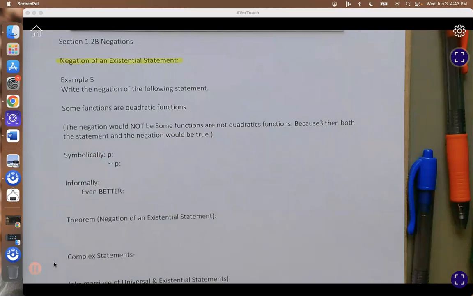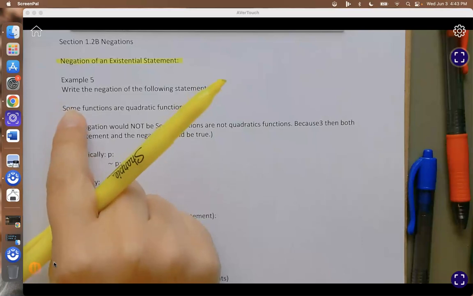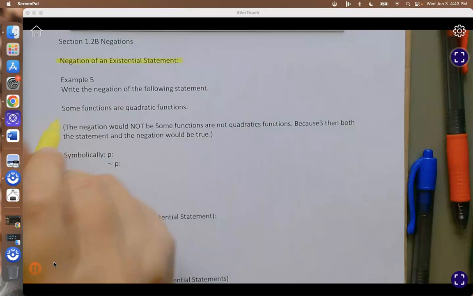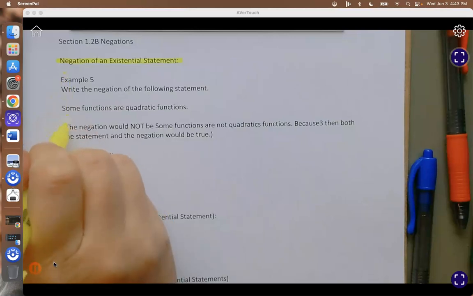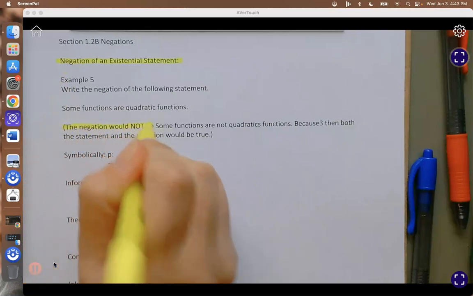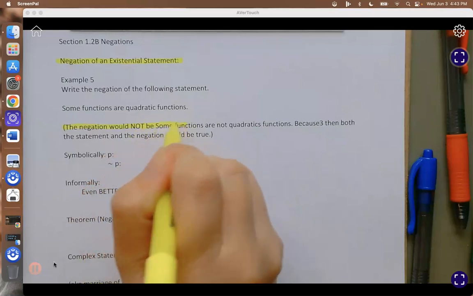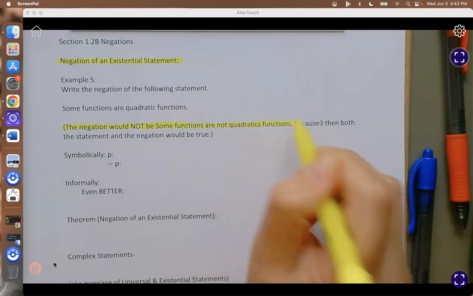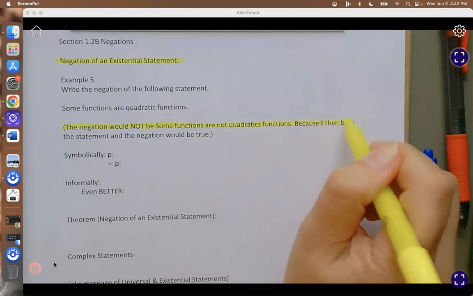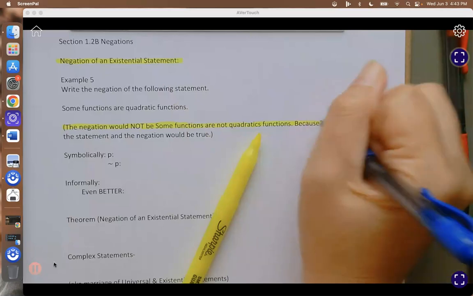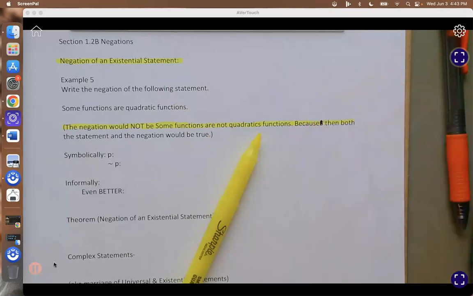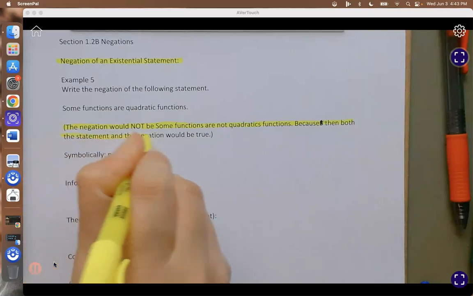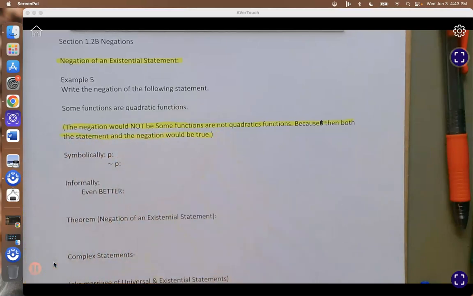Now, remember we talked about how if you had some or all, you don't just put not in there. So I kind of got ahead of myself with sharing that with you on the last video. But the negation would not be some functions are not quadratic functions, because then both the statement and the negation would be true.